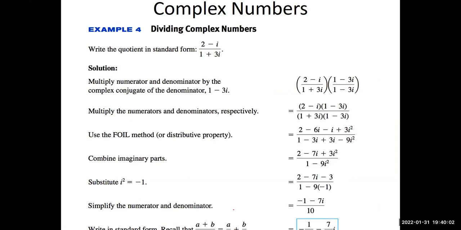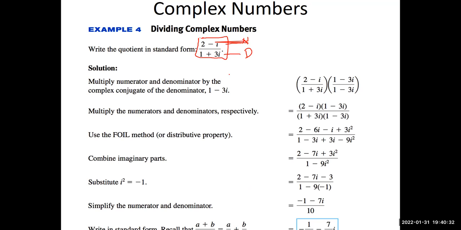Now, let's have the terms 2 minus i divided by 1 plus 3i. Again, we multiply the numerator and the denominator by the complex conjugate of the denominator. Here, this is our numerator and this is our denominator.